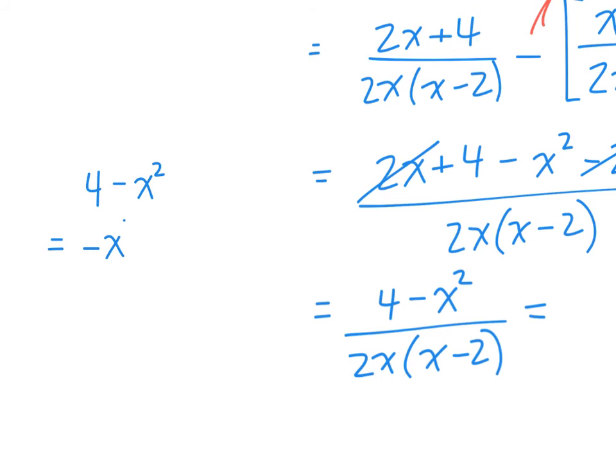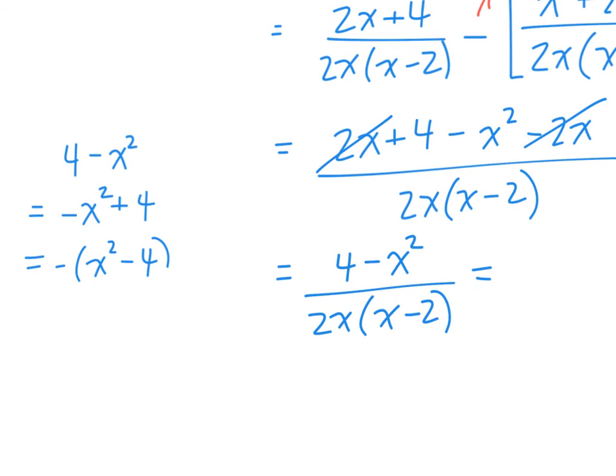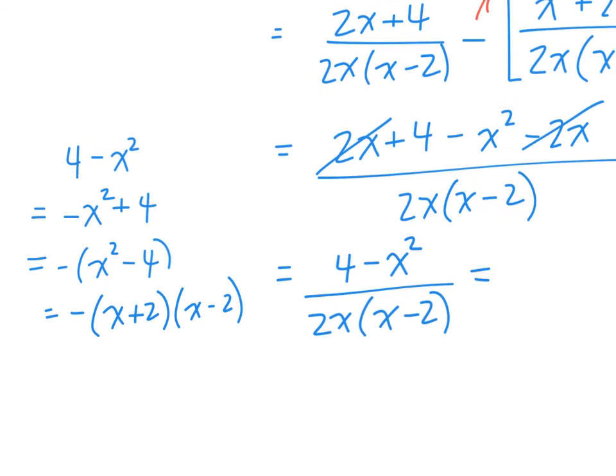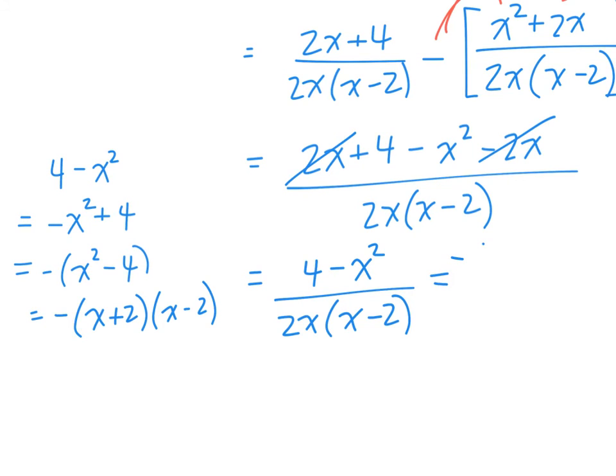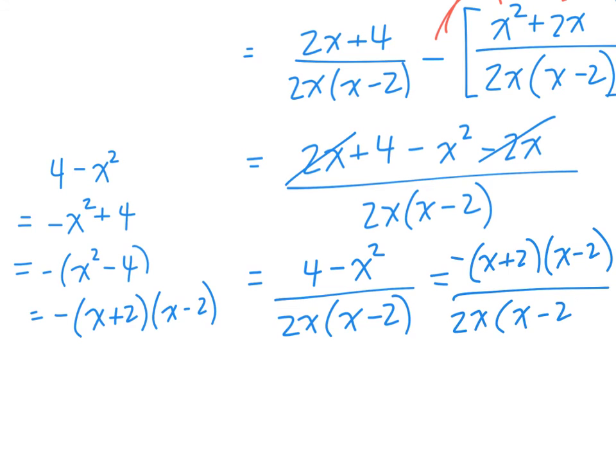So we're going to switch the position, then we're going to take out the negative. That changes the sign for both terms. Now it looks like something I can factor and I've seen before. So this becomes negative x plus 2, x minus 2, all over 2x times x minus 2.